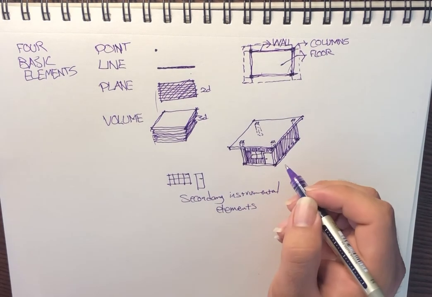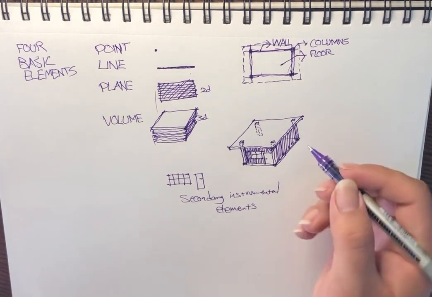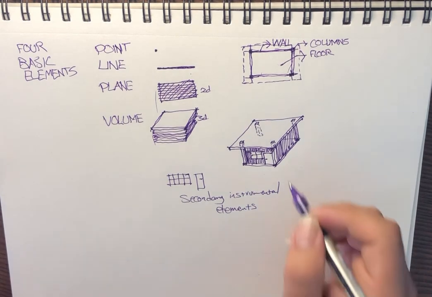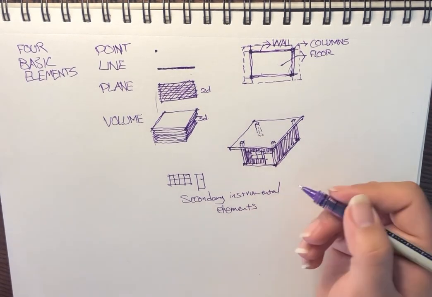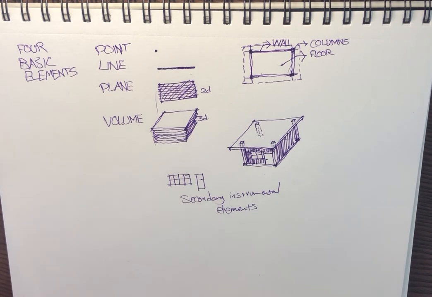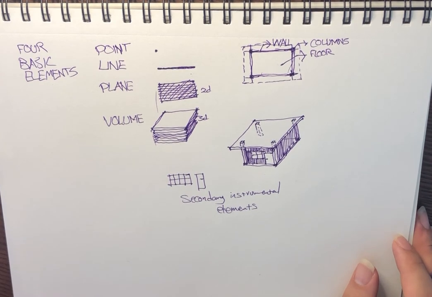And this volume can be different forms, not only cubic. It can be curved and round shapes and anything. But these are the elements in architecture.